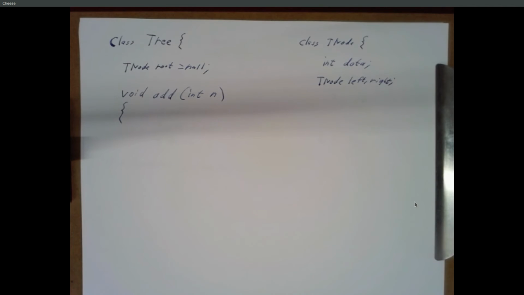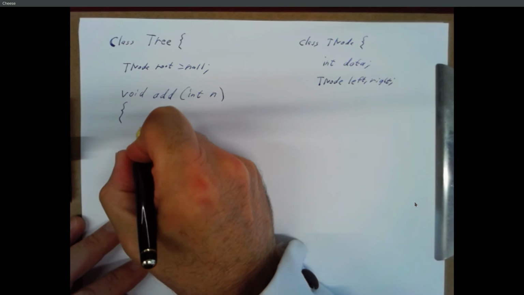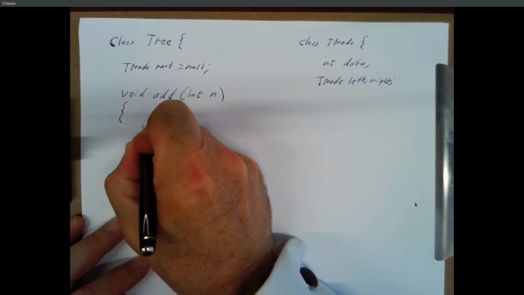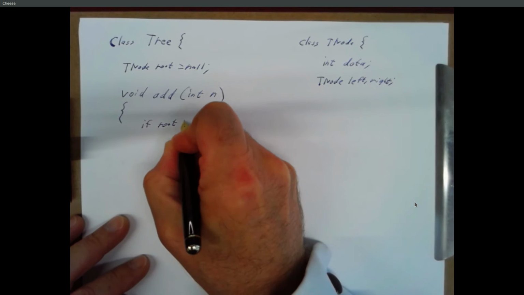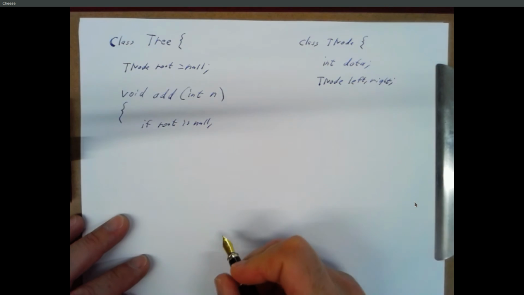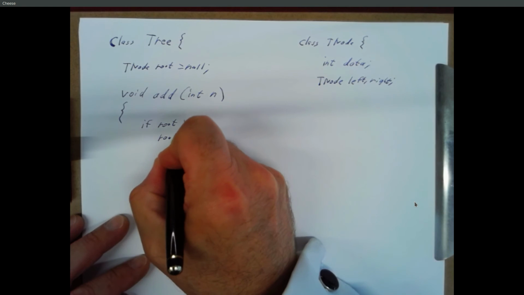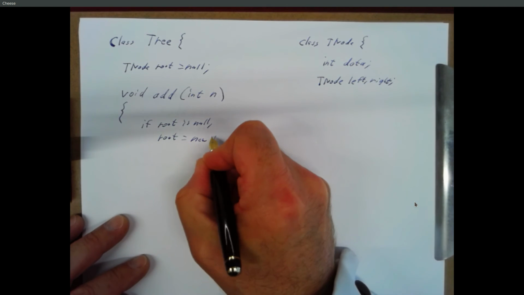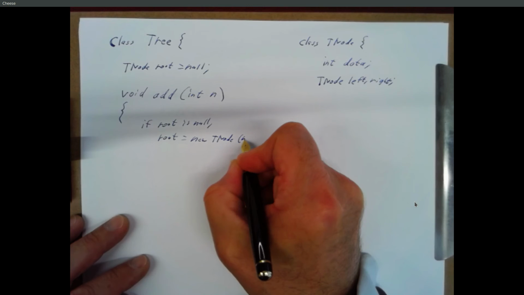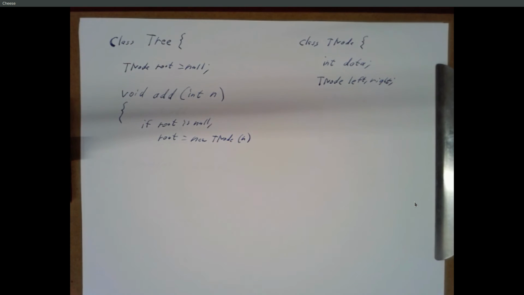There's one funny thing about doing this. So if root is null, let's make a new tree node with a data value of n, and let's set root equal to that.